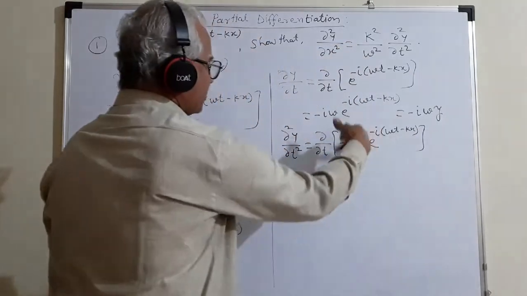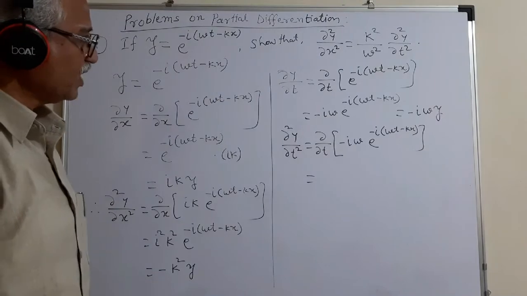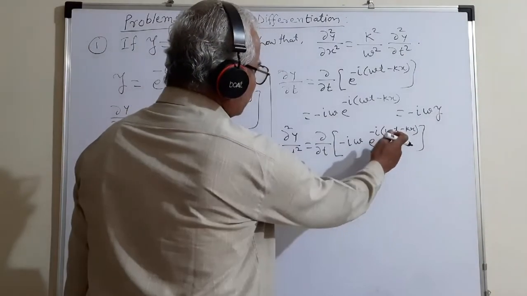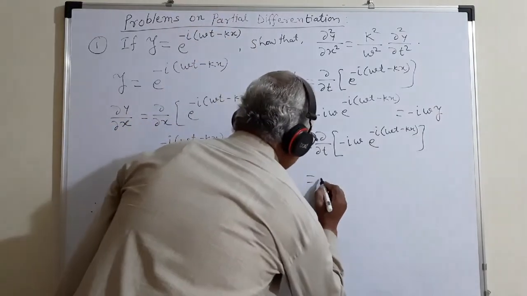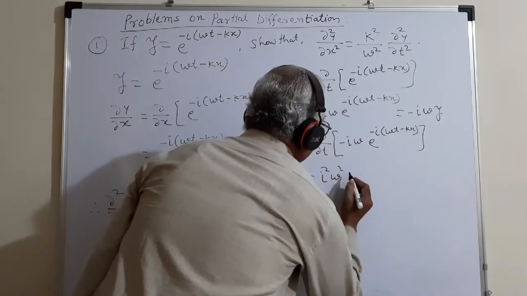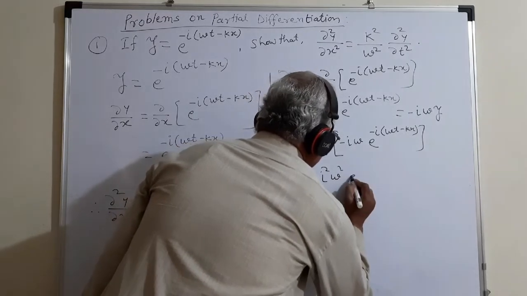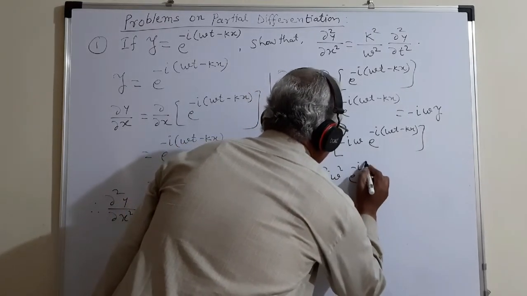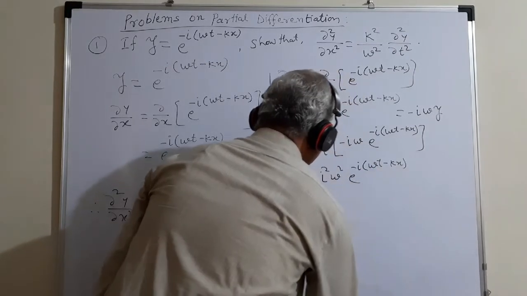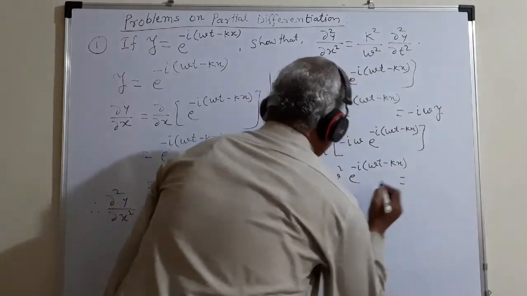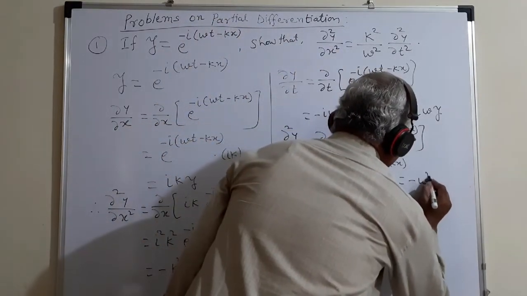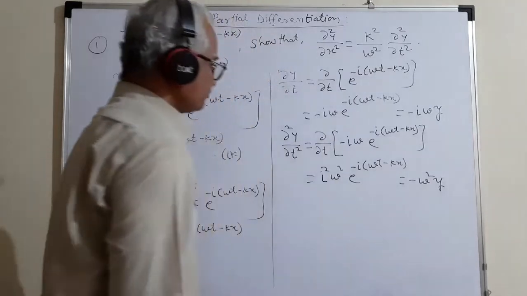So differentiating this bracket with respect to t partially, we get minus i omega into minus i omega, which is i² omega² e raised to minus i into bracket omega t minus kx, or this is equal to minus omega² y.